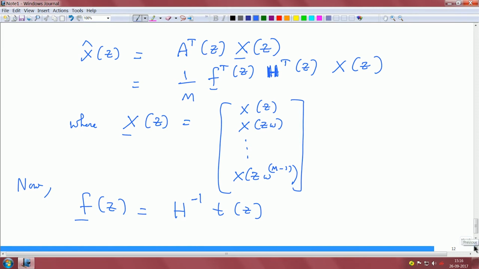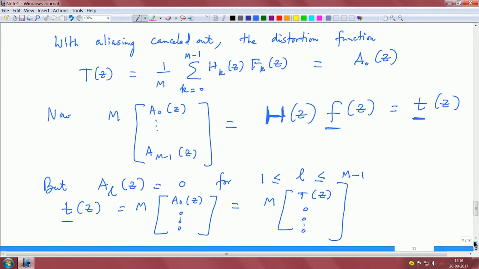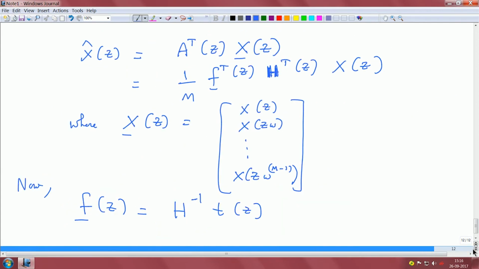If you start here, H F is T is what we start with. So, therefore, the synthesis filters can be obtained with the knowledge of the overall transfer function T of z that we want with the alias component matrix.